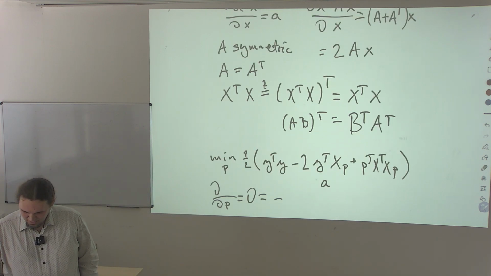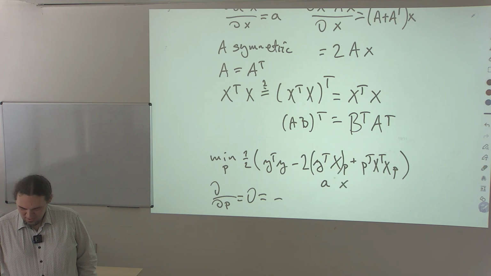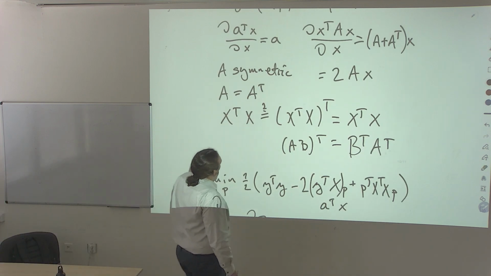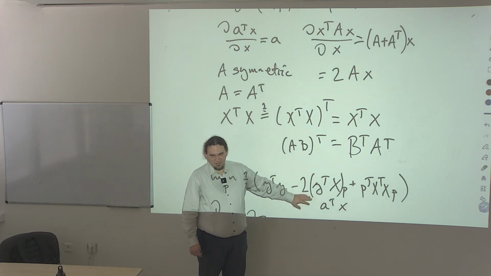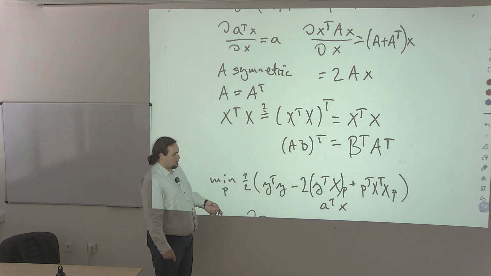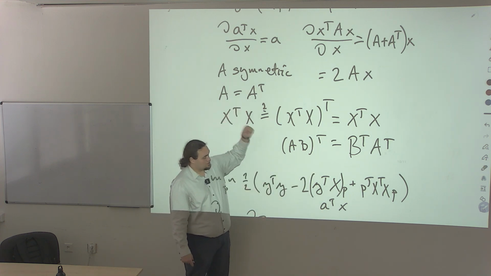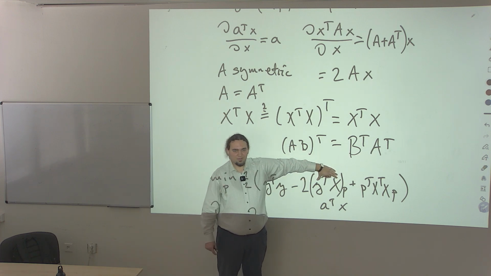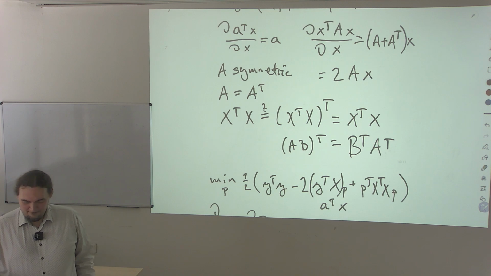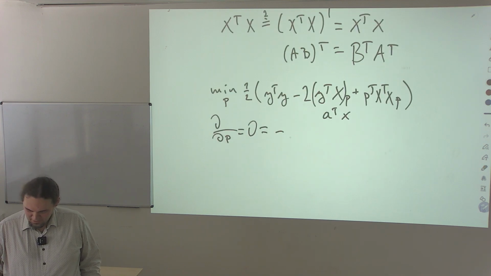So let's put it this way. This guy is the A transposed. So when we are writing the result, we should write the A itself. So x transpose y. Perfect. X transpose y.